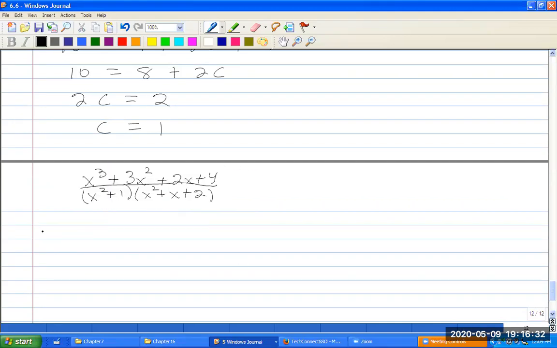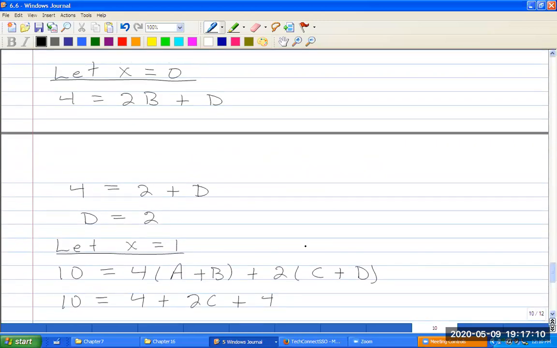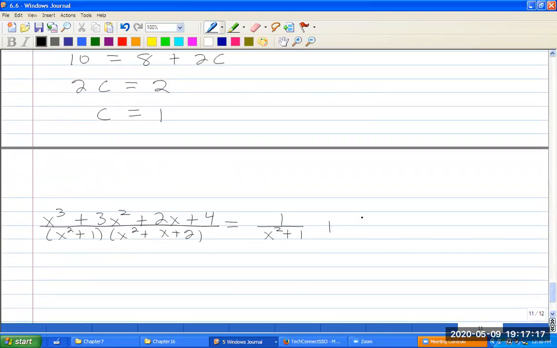So I have x cubed plus 3x squared plus 2x plus 4 over x squared plus 1 times x squared plus x plus 2 is equal to, A was 0, B was 1, and then C is 1, and D is 2, over x squared plus x plus 2.